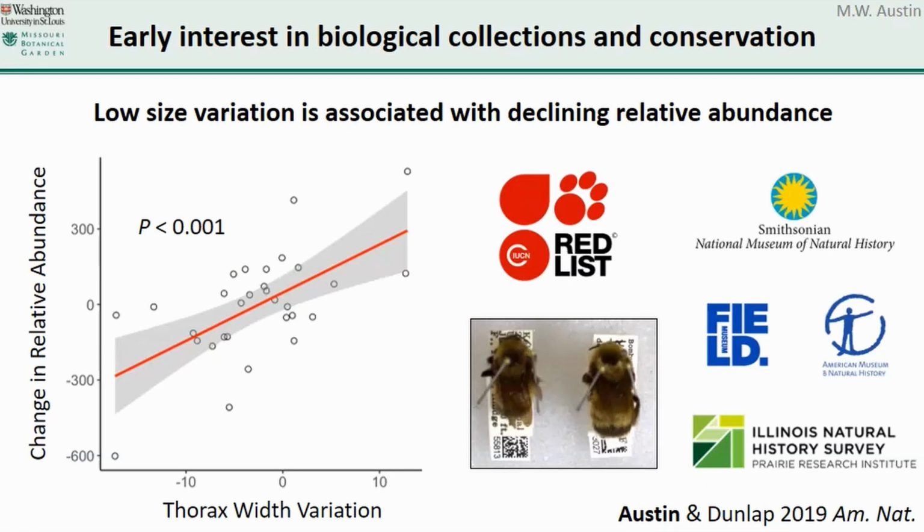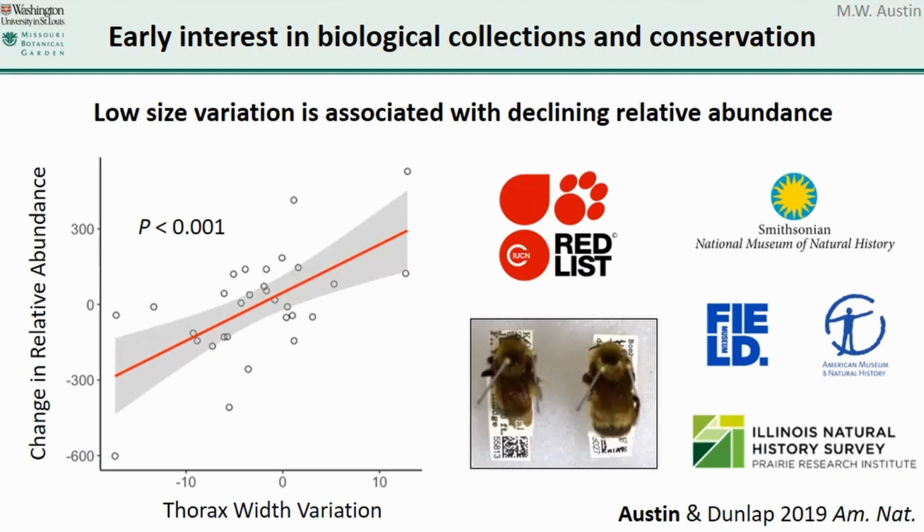So I performed a study taking trait data on bumblebees from the Smithsonian, Field Museum, American Museum of Natural History, and the Illinois Natural History Survey to test whether measures of interspecific trait variation are associated with change in relative abundance as calculated via IUCN assessments.